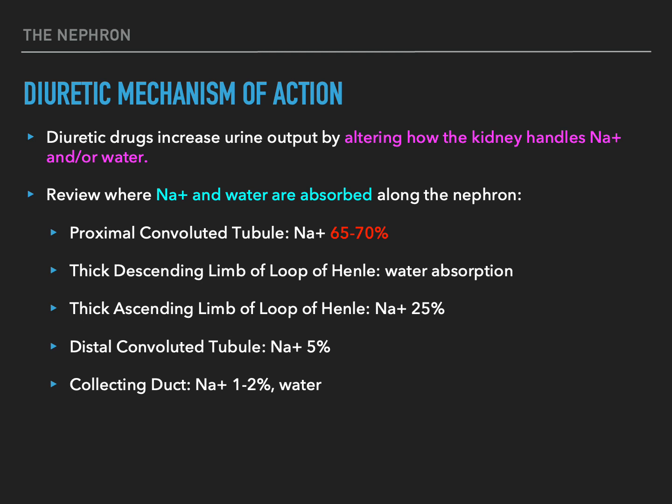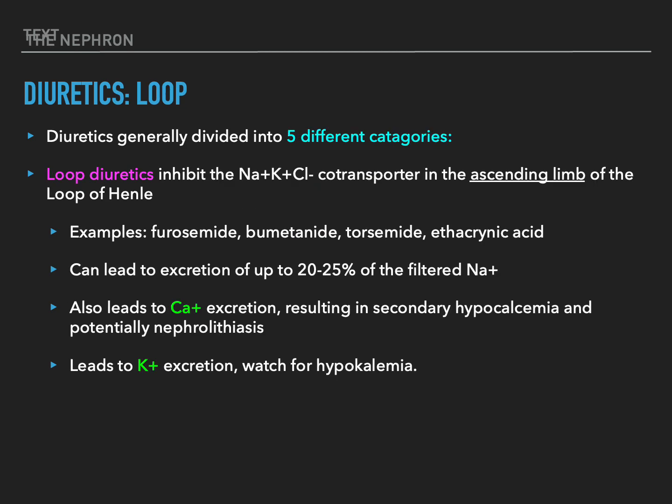The distal convoluted tubule just does the fine-tuning, about 5% of the sodium reabsorption, and the collecting duct, a small amount of sodium, 1 to 2%, and generally a small amount of water unless there is more influence by the antidiuretic hormone. Diuretics are generally divided into 5 different categories.